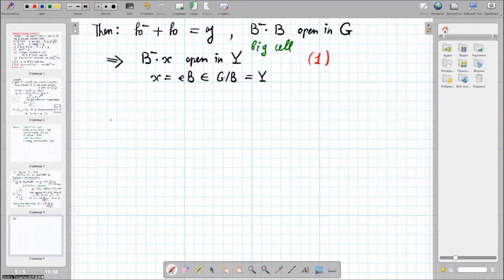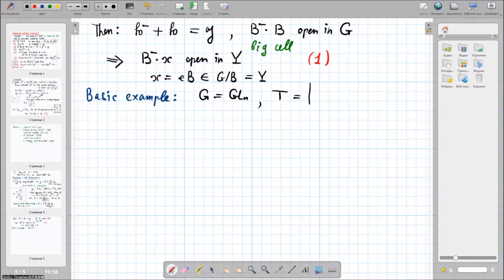By the way, in our basic example, in which G is GLN, and for T we can take the diagonal torus. Let me draw it better with this line tool.